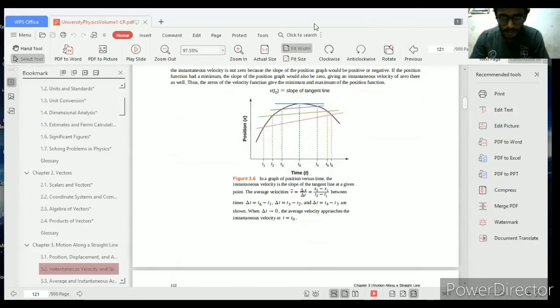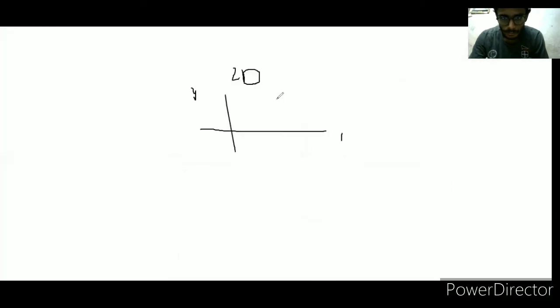Have you ever seen something like this? I want to show you guys a new screen. Then you have a whiteboard, making something like this. This is the position time graph.